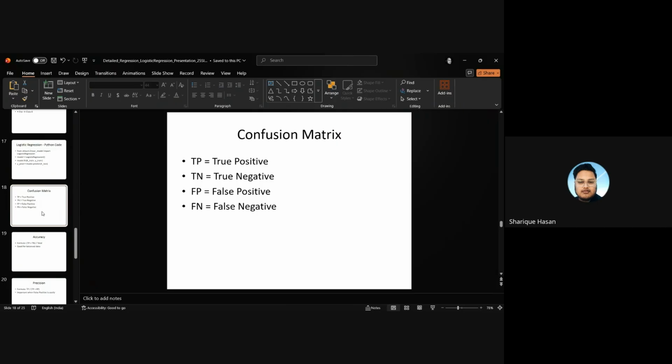The model predicts that 60 patients are positive for a particular disease and 40 are negative, meaning 60 people have the disease and 40 do not. Now, out of those 60, we can see.